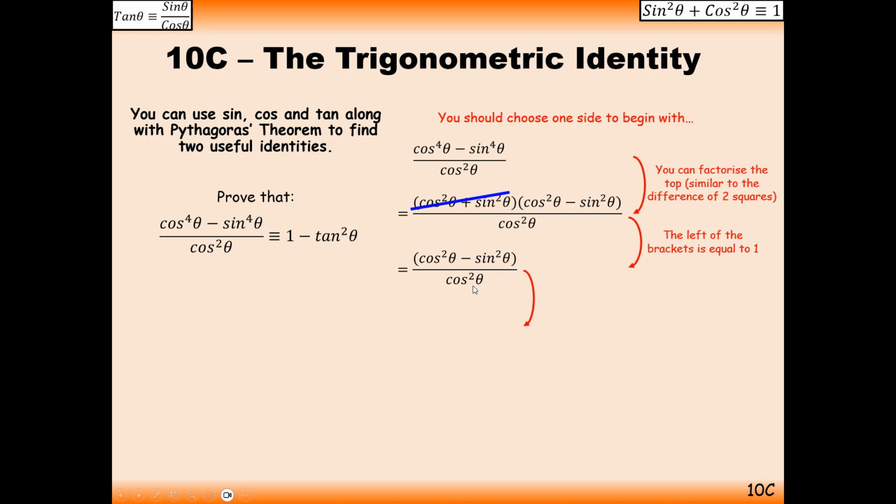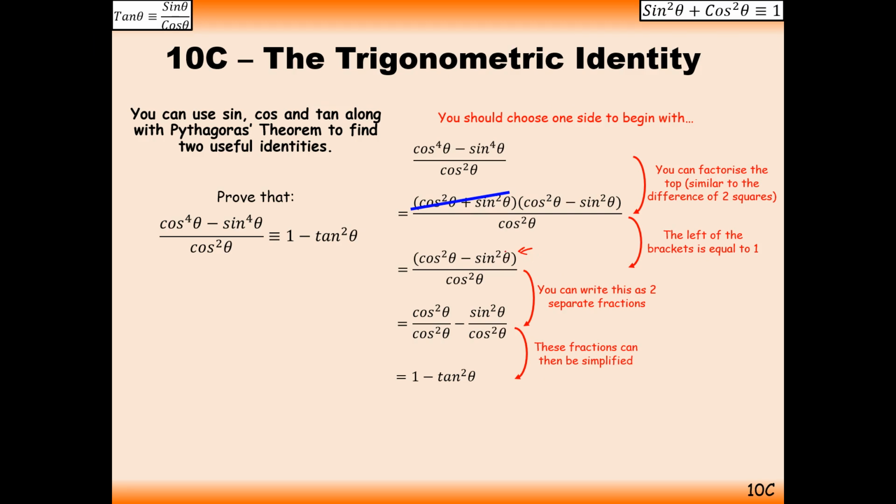But we can do something else. We can write two separate fractions, okay? So we can just simplify this: cos square over cos square is 1, and sine square over cos square is tan square, which is what we get. And the right hand side has to equate that identity there. Alright, so be careful here. Factorizing that again doesn't help.